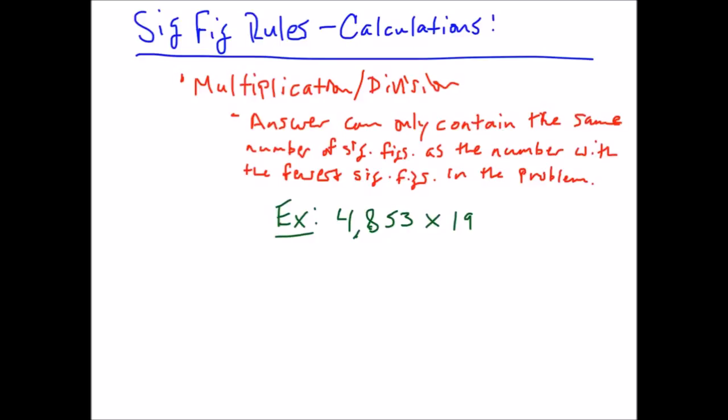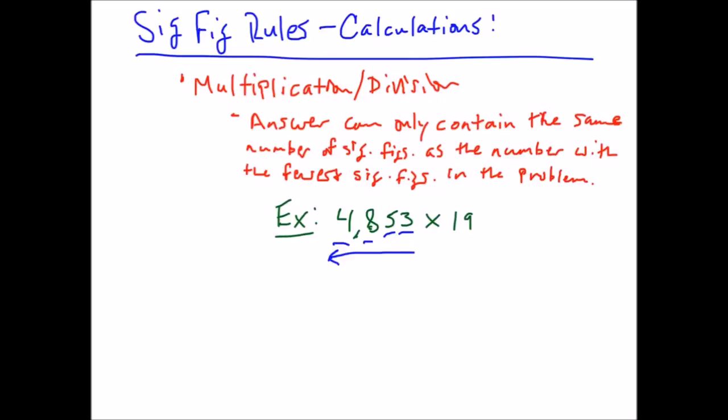Let's do a quick review, apply the rule that we learned last time. There is no decimal in that number, so we'll start on the right hand side, find the first non-zero digit, which would be 3, count that and everything after that, moving from right to left. So that one has 4 sig figs. Now let's check 19.